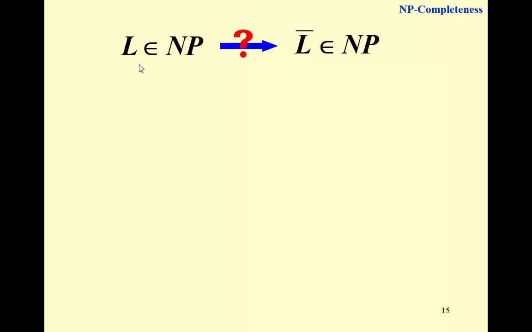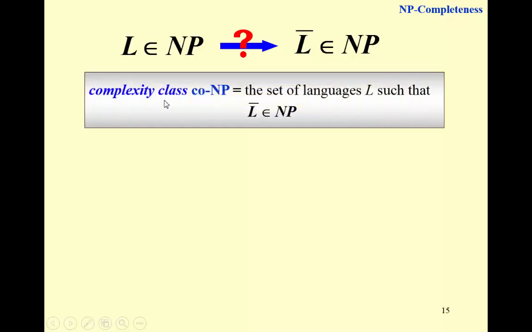So if a language L has its complement in NP, we say it's in co-NP. So we have this class of languages, co-NP, which is the set of languages L such that its complement is in NP.